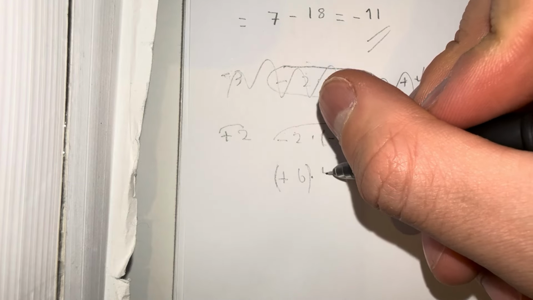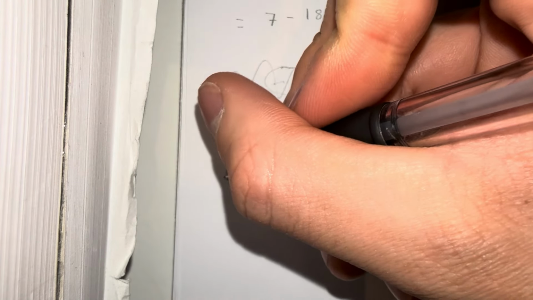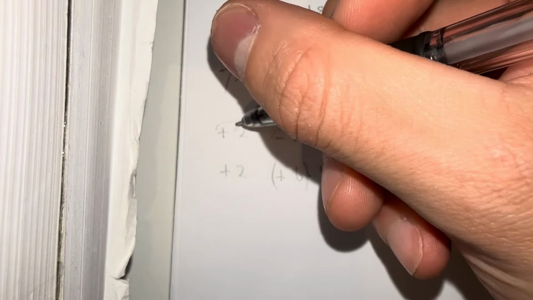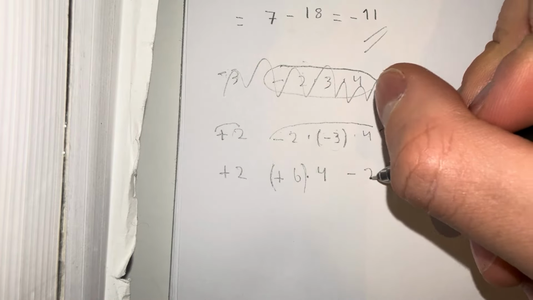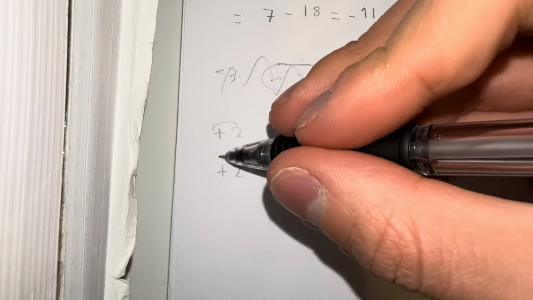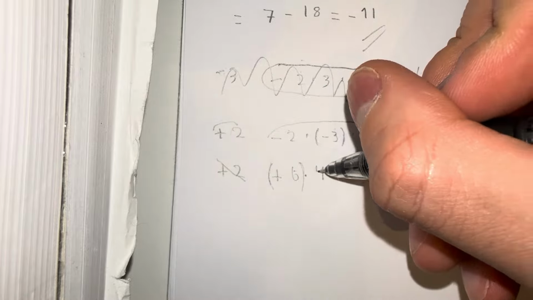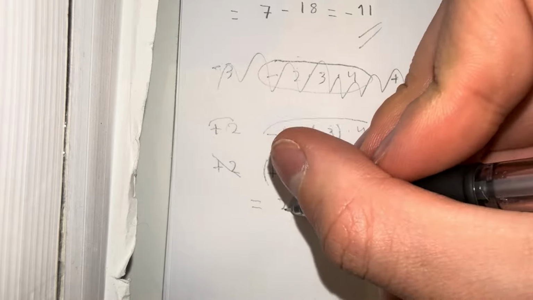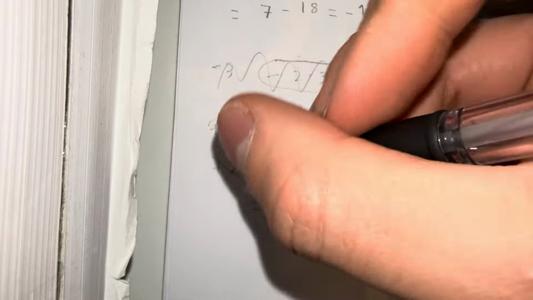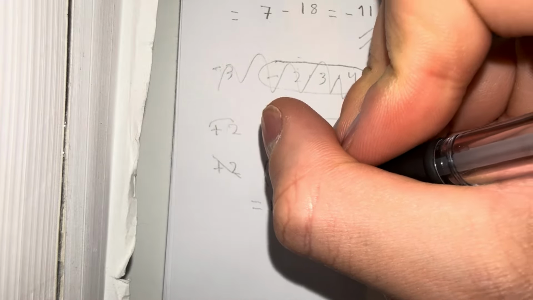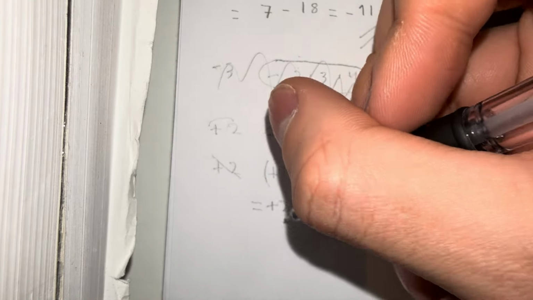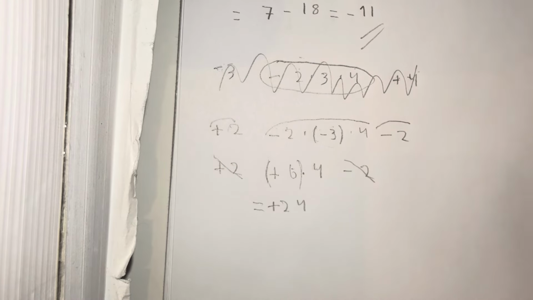Times 4. This 2, this is only an example, so let's include those as well. But those add to 0. -2 + 2. 6 times 4, 24. Again, a positive number, a hidden plus. I could write it, but it's customary not to do so. 24 is the answer.